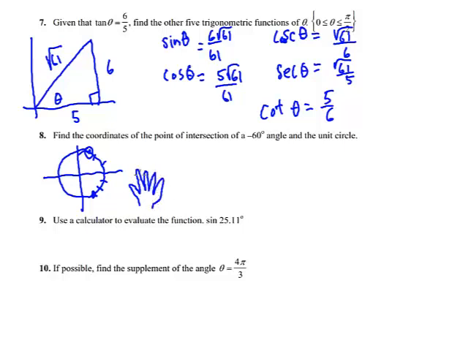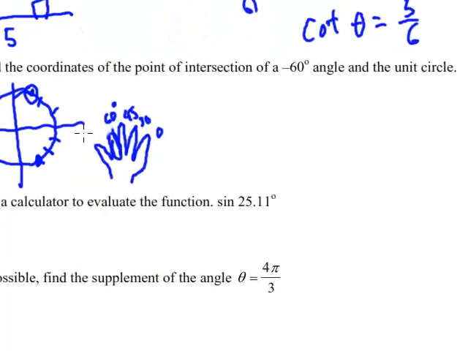Alright, so this one I'm going to fold down. So that'll give me 0, 30, 45, 60, and 90. Folding this finger down, that means that cosine is 1/2 and sine is rad 3/2.